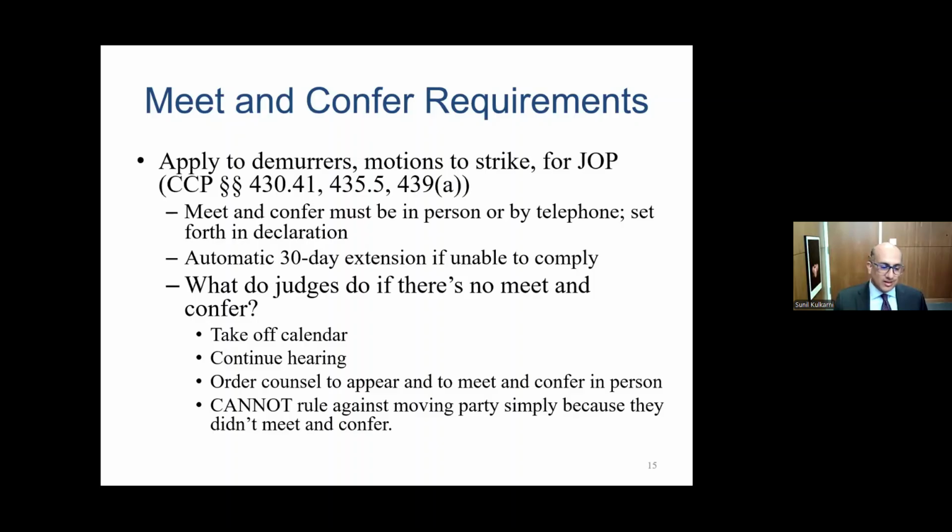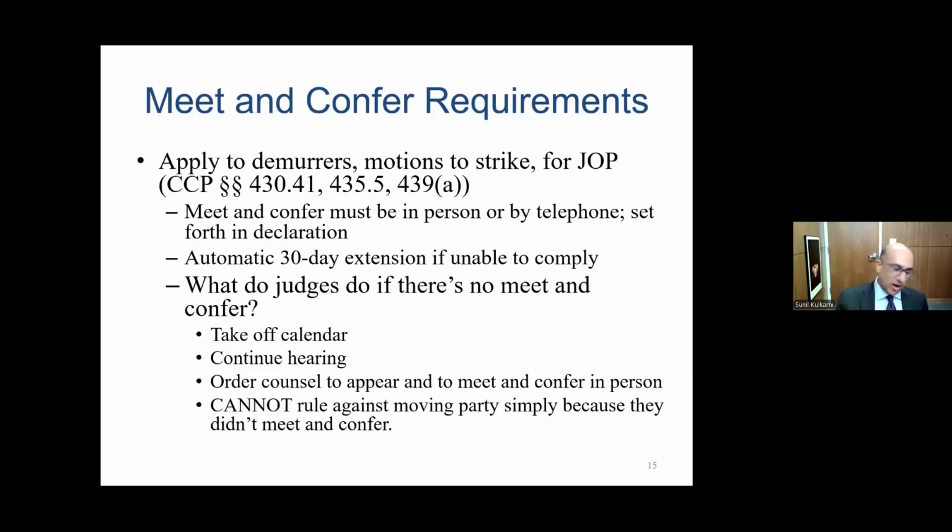What I hate, and I think lots of judges hate, is just letter writing campaigns back and forth, where I write a letter setting forth my position, you write a letter setting forth your position. There's no meeting and conferring. It's just a regurgitation of the arguments you're going to have in your briefs.